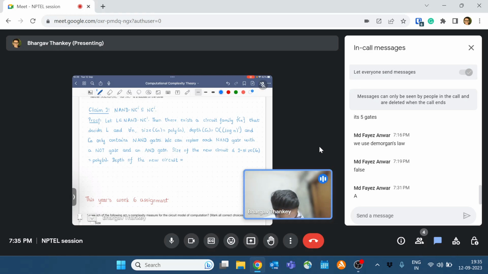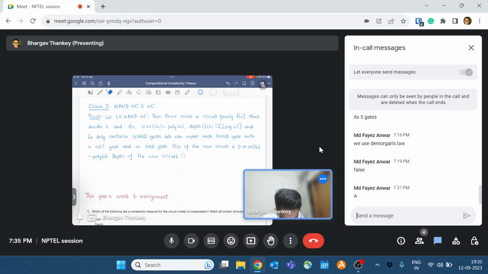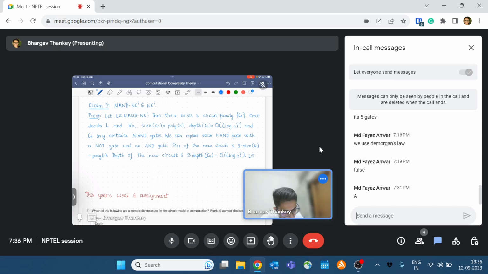So the depth can also increase by a factor of at most two, and this is still order (log n)^i. So now I have a circuit family of poly(n) size and order (log n)^i depth containing just AND and NOT gates. And so L is in NC^i. So this was one direction of the proof. Is this fine?